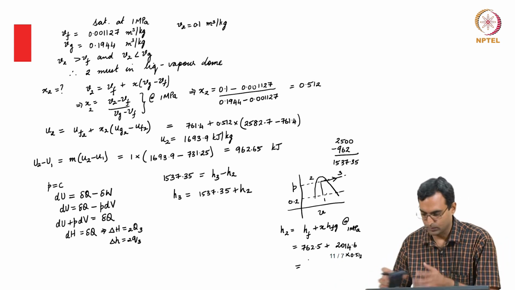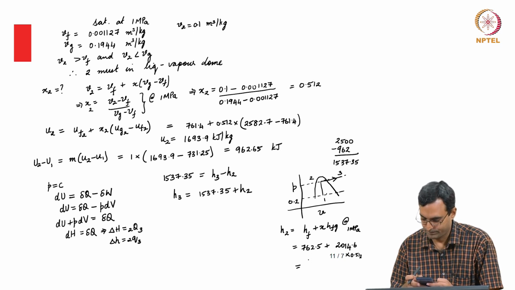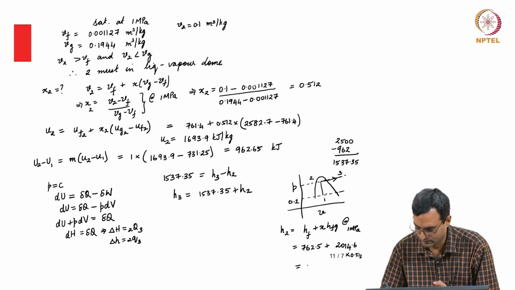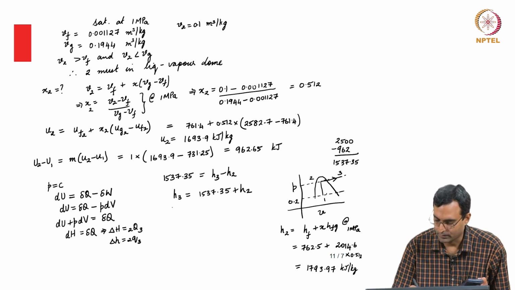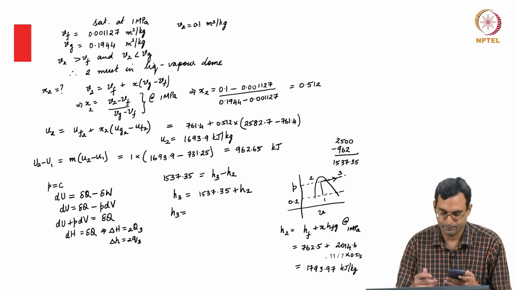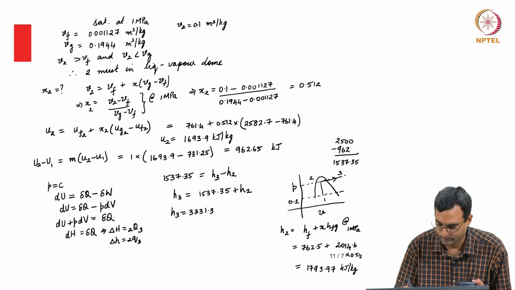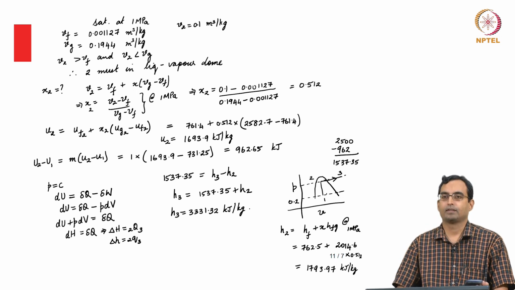So, this gives me a value of H2, so now I can find out H3, which is this plus this. So, this is my final enthalpy.